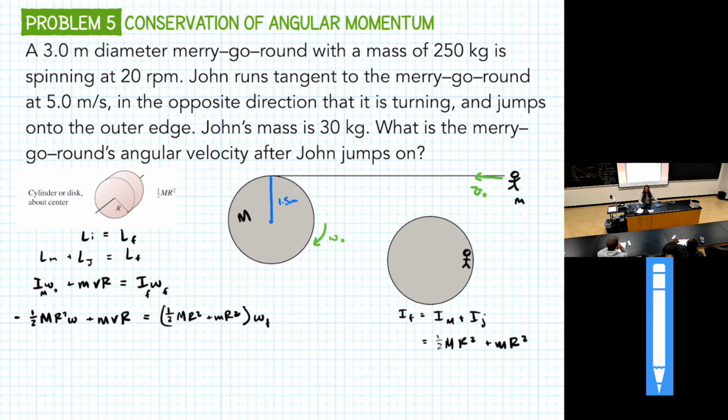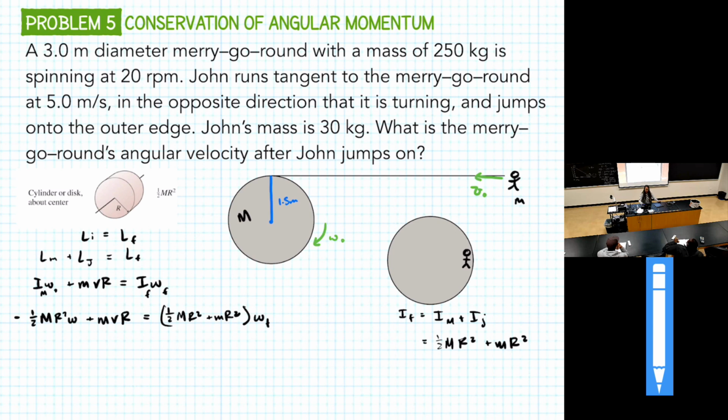If you want to plug these in independently, I believe that the merry-go-round is 598 kilogram meters squared per second. John starts with 225, just if you want to check your answers, kilogram meters squared per second, and then the final angular momentum is 349.